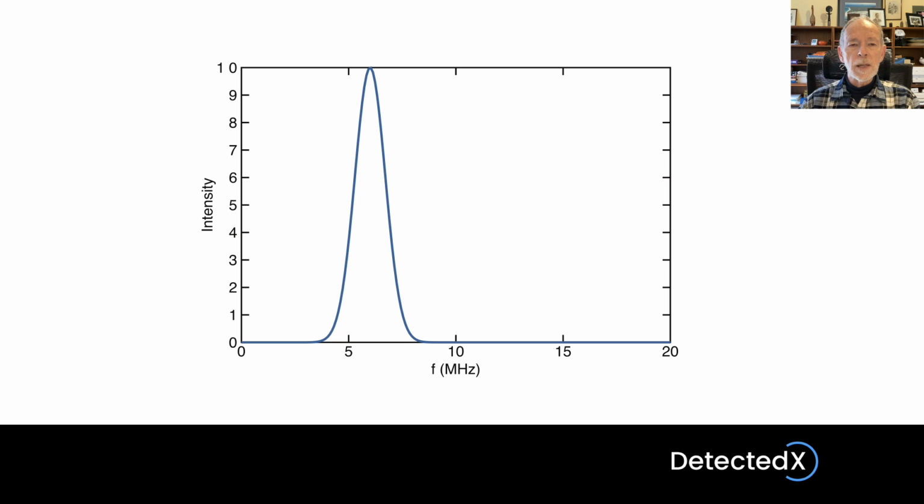And what you can see is that energy is distributed over a range from about 4 to about 8 megahertz. So we've got a range of frequencies centered on the actual ultrasound frequency of 6 megahertz. So as I said, this is what we would see if we looked at the frequency content of an echo coming from an undistorted transmit pulse.